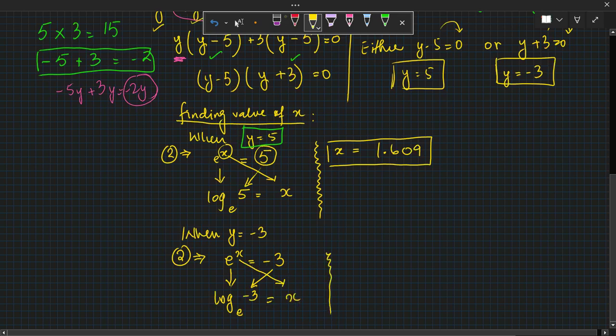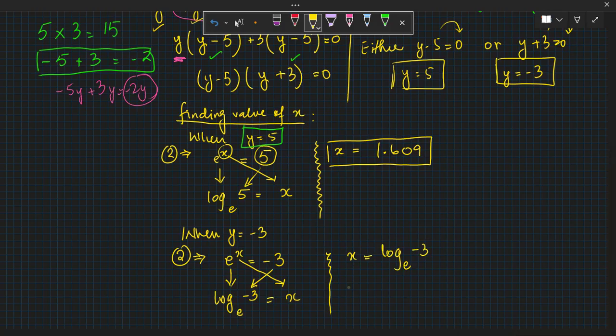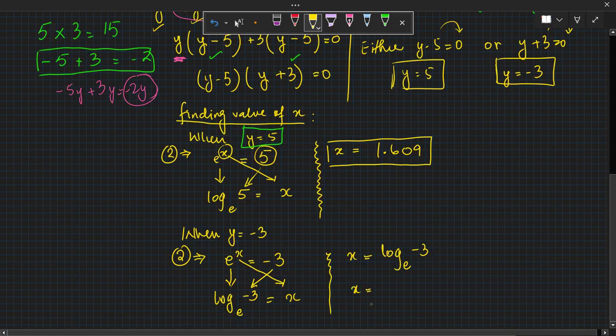Now again, plug into the calculator log base e of minus 3. What value are you getting? I'm getting a syntax error. Are we getting a syntax error? So that means y equal to minus 3 is not a possible answer.